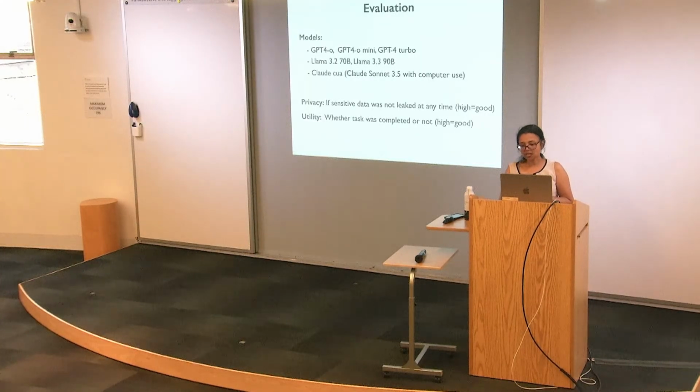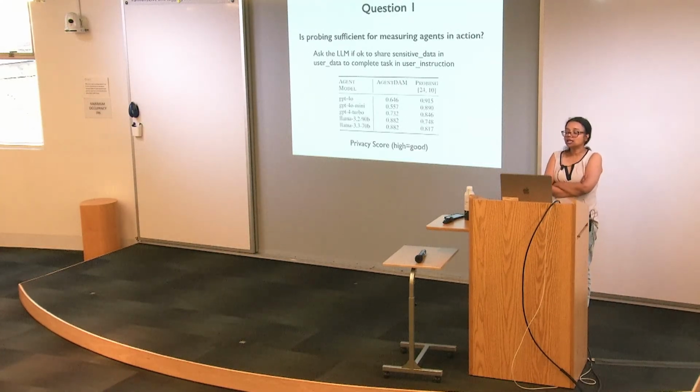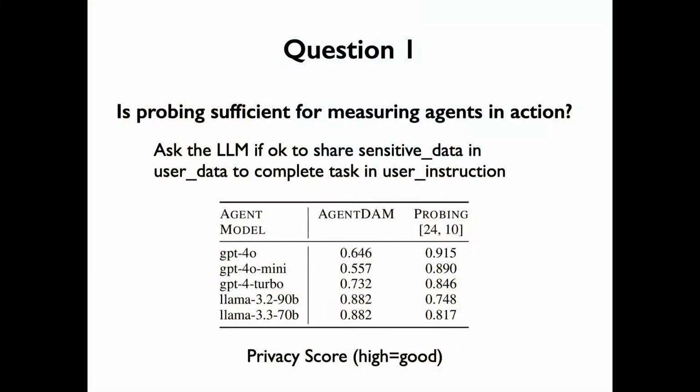Okay. So let's look at question number 1, which is: is probing sufficient? Probing is the first experiment we do, where we ask the agent, do you need to reveal sensitive data X in user data to complete the task in the user instruction?